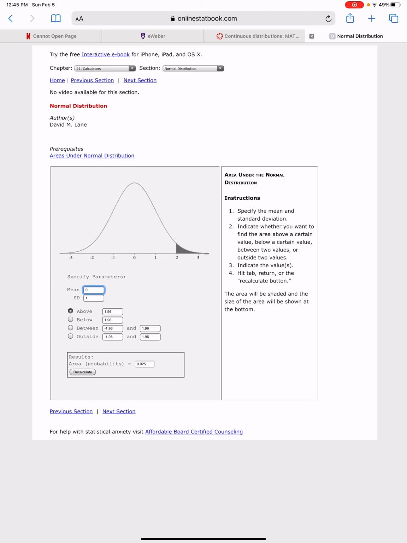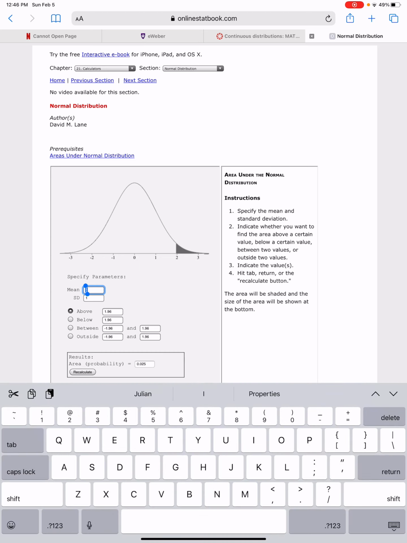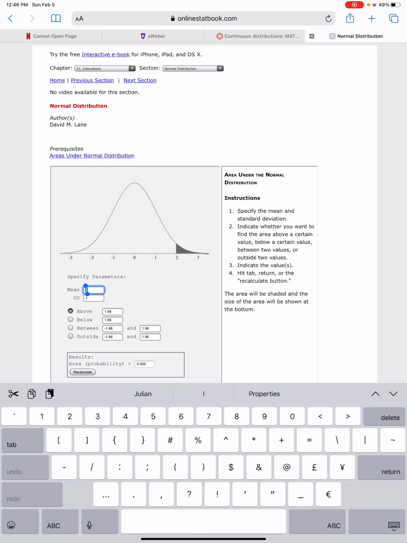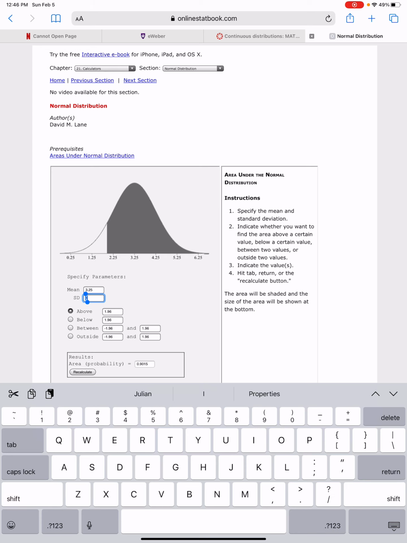And now we can calculate probabilities with this calculator. So let's do 3.25 as the mean. The standard deviation, that's 0.2.